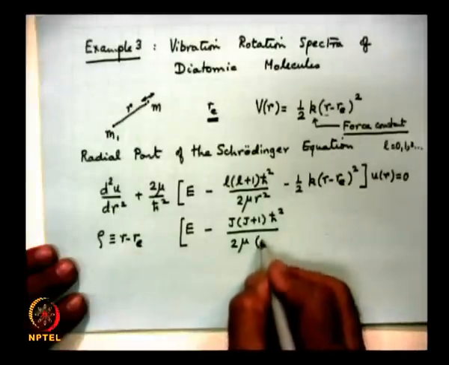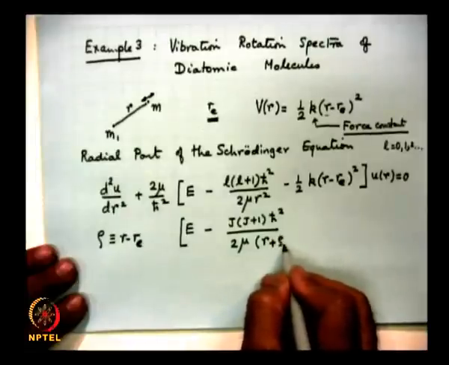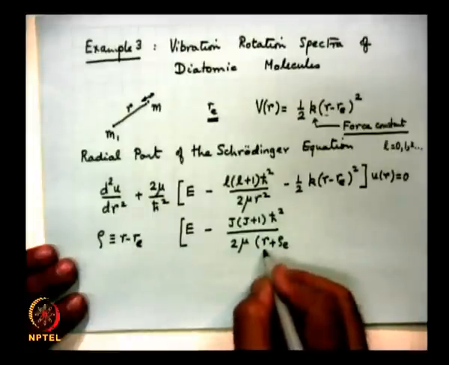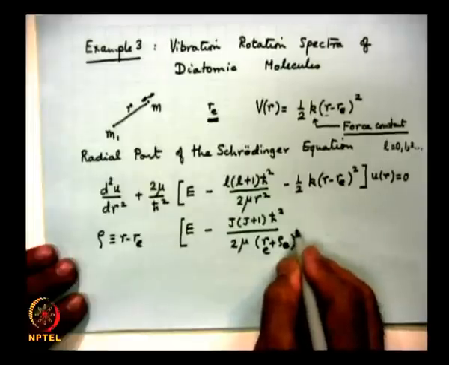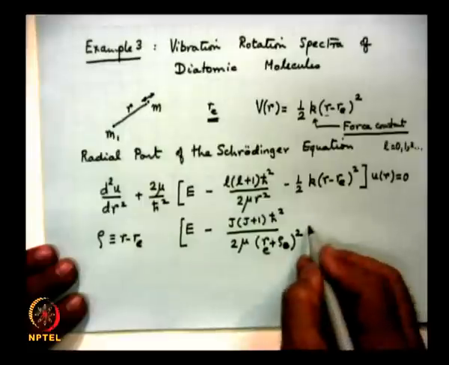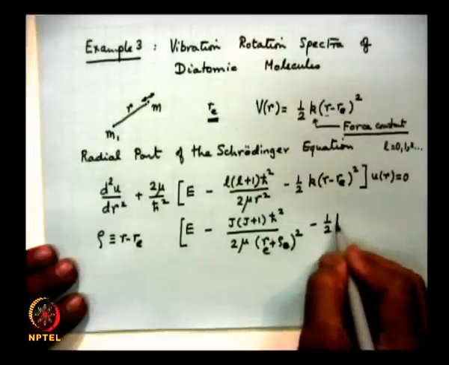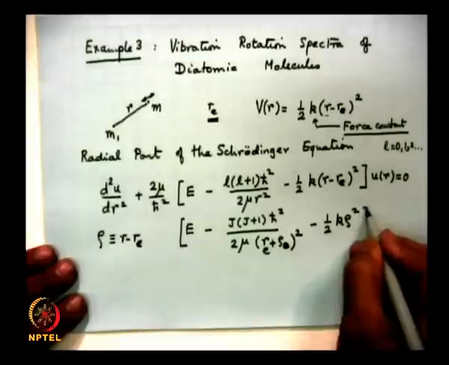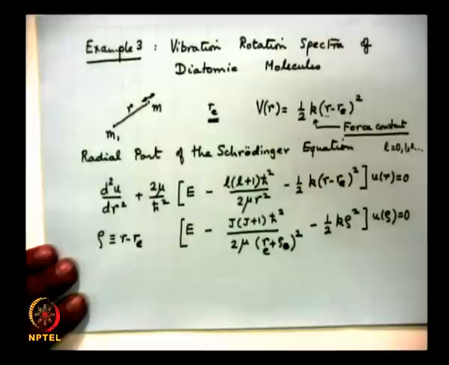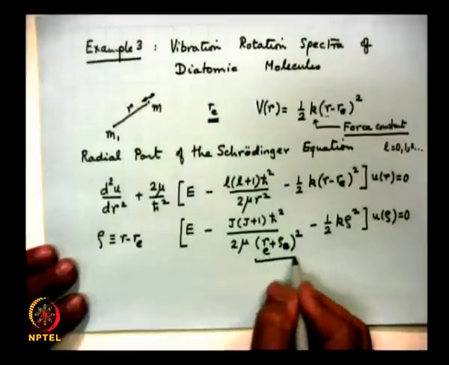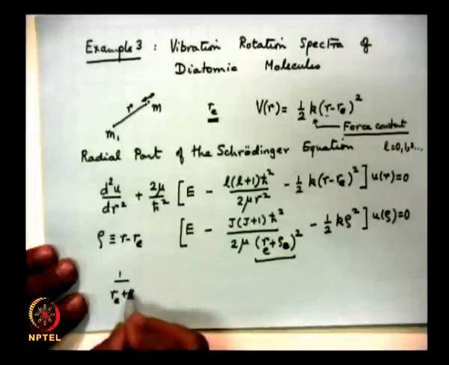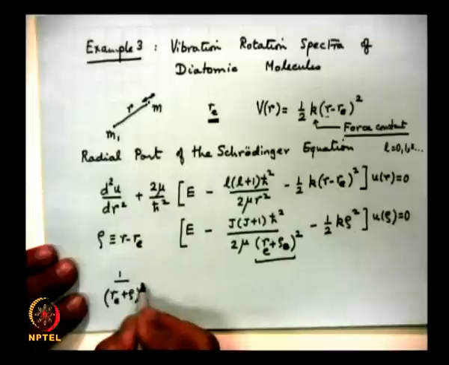by 2 mu r square. r is Re plus rho, so r square is Re plus rho whole square. And the last term will become half k rho square, u of rho. This quantity can be written as 1 over Re plus rho whole square.